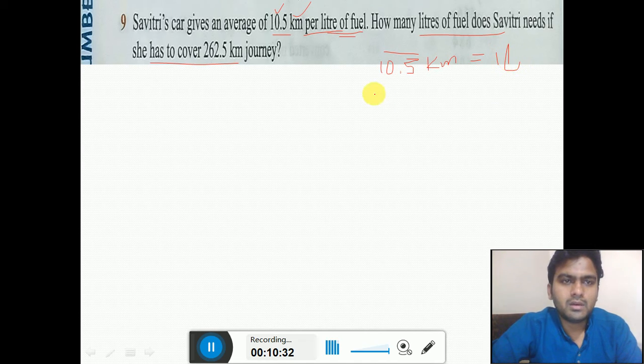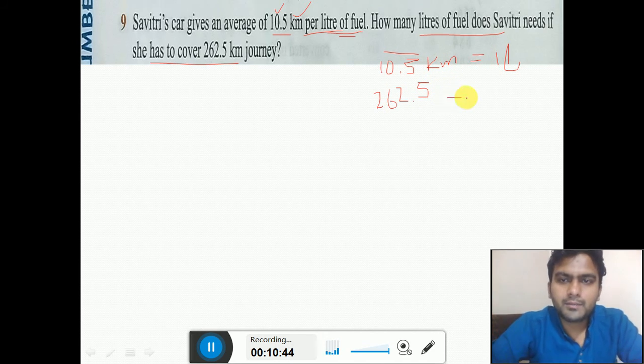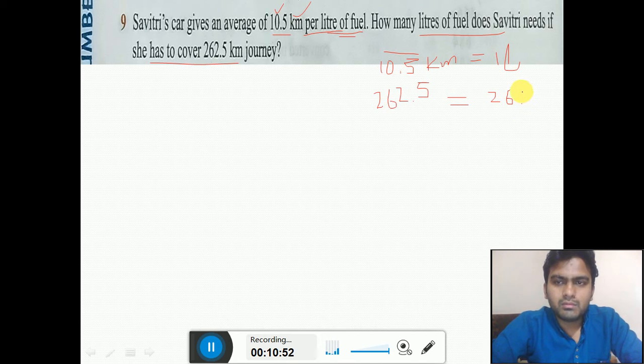So how much distance does Savitri have to cover? 262.5 kilometer. This much distance has to be covered. So what we have to do here is divide 262.5 by 10.5.